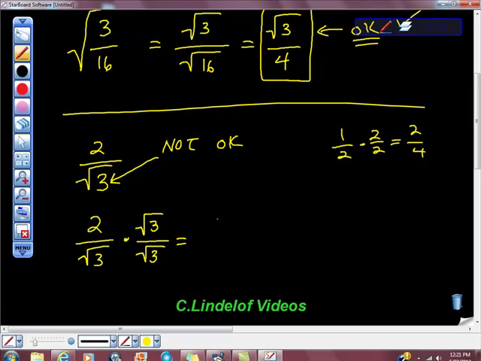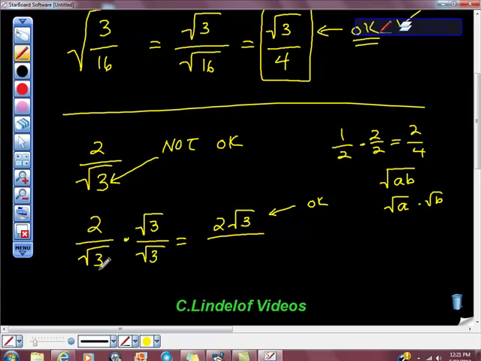2 times the square root of 3 is 2 square roots of 3. That in itself in the numerator is okay, right? Let's see what happens here. I have the square root of 3 times the square root of 3. Here's the rule. If we have the square root of a number times another number, it's the same as the square root of a times the square root of b. So I'm going to use this rule backwards. So we have the same radical. This is a square radical. This is a square radical.